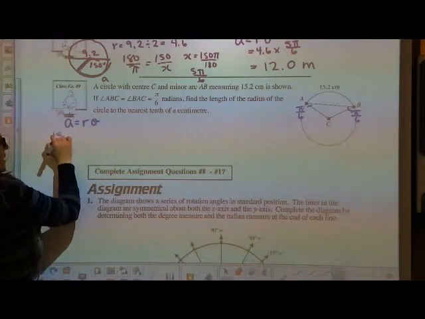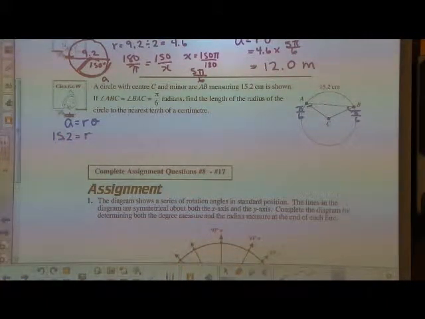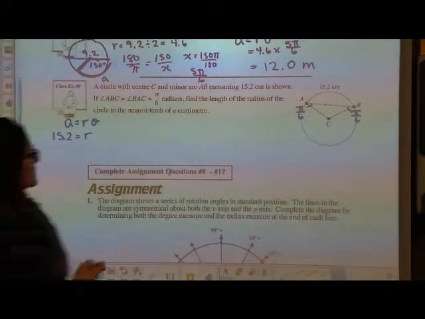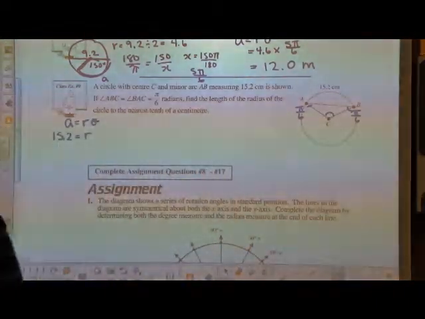So I have arc length. I need to find radius, which means there should be some way to calculate the angle measurement. And the angle measurement has to be this one, angle C. How do I calculate angle C?